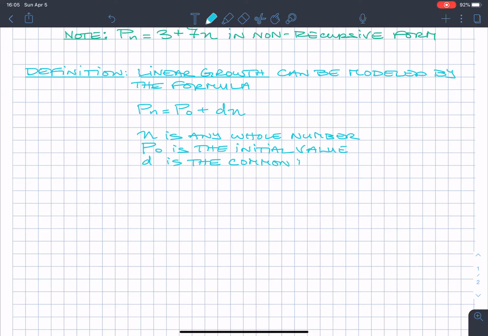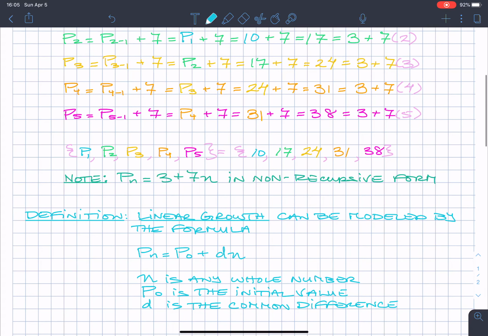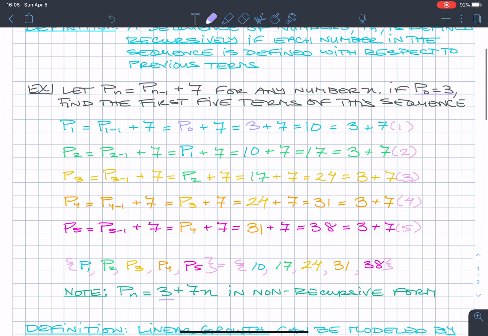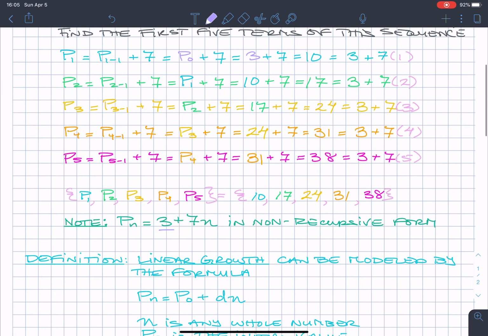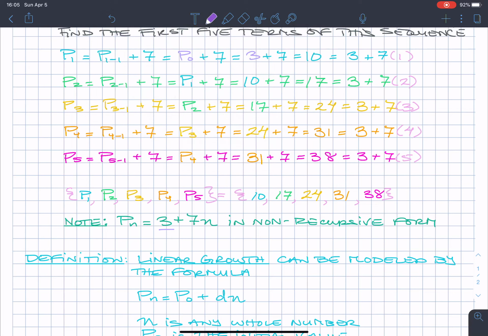Okay, so let's go back up here. So here, 3, was that my initial value, my given p sub 0? Yes, it was. And what is the common difference between each of these terms?